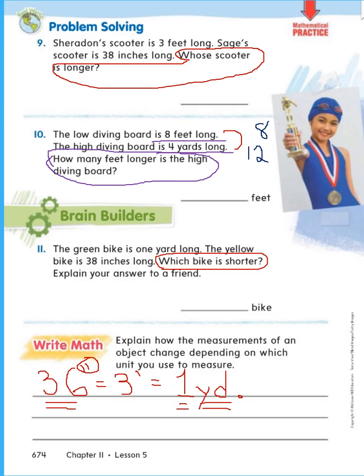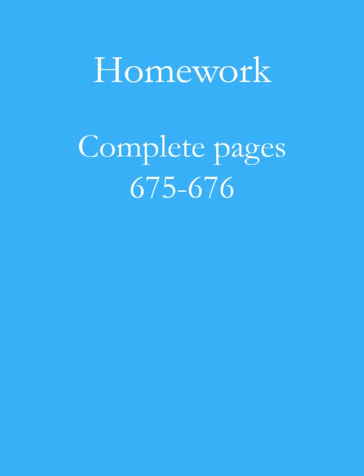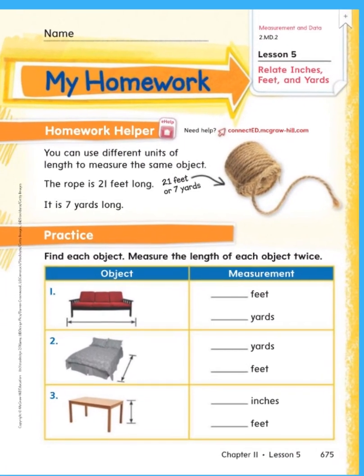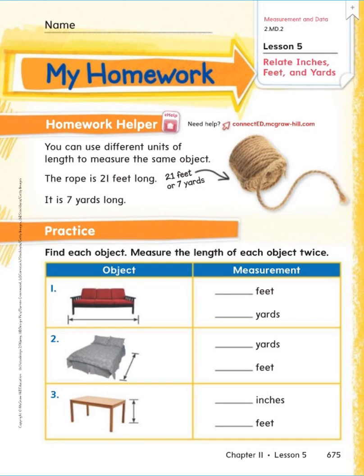Okay, let's move on, and you know that you have to finish all of these problems. Your homework is pages 675 and 676. And just like last time, I'm going to go ahead and give you some of the measurements. Okay, 675.